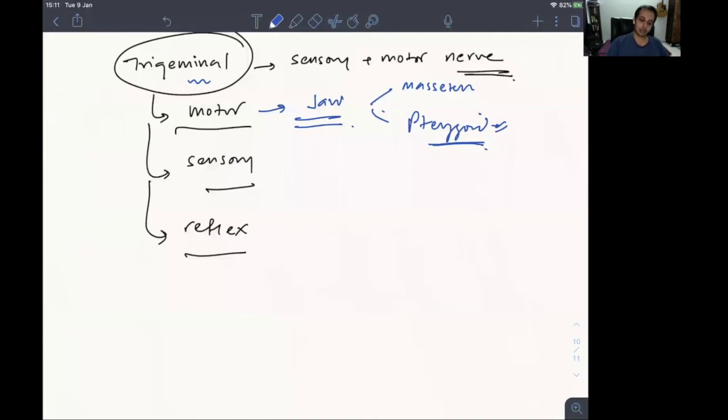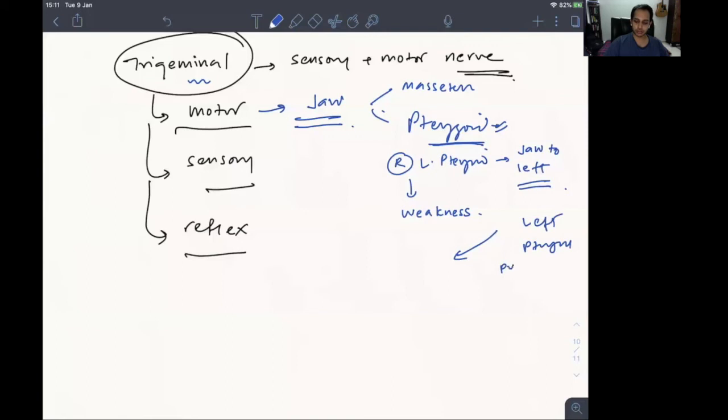So your right lateral pterygoid will push the jaw to the left. So if there is a right lateral pterygoid weakness, then that would mean that your jaw will come to the right because your left pterygoid will push to the right. So this is one of the places where if there is a weakness on the right nerve, then the movement will be towards that side.